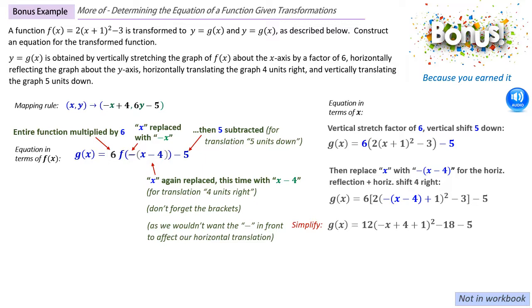Let's clean this up a little. The 6 out front distributes to both the 2 and that negative 3. That takes care of the square brackets. Within the circular brackets, the inside brackets will distribute the negative sign to both the x and the negative 4. At this point, it's probably easier to follow, but we've added the 4 and the 1 to make the 5, and we've added the negative 18 and the negative 5 to make the negative 23.